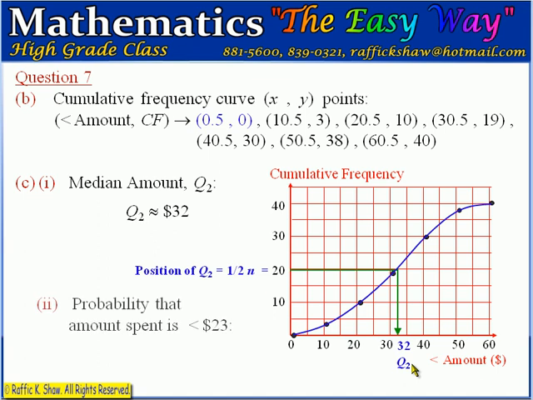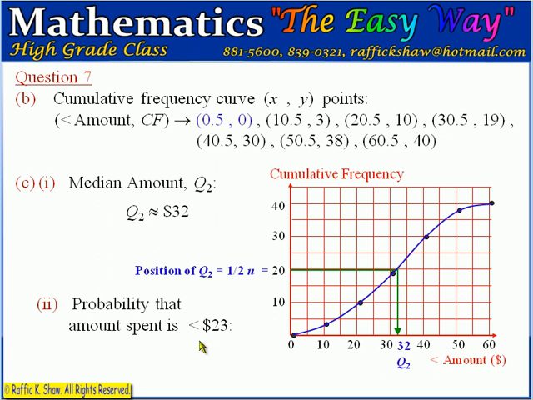Now, the second part of question 7C is asking us to find the probability that a student selected at random spent less than $23. Remember that this cumulative frequency graph shows how many students spent less than a certain amount.